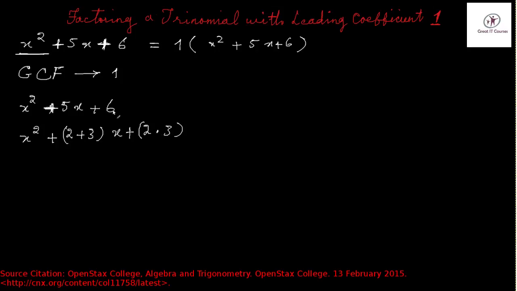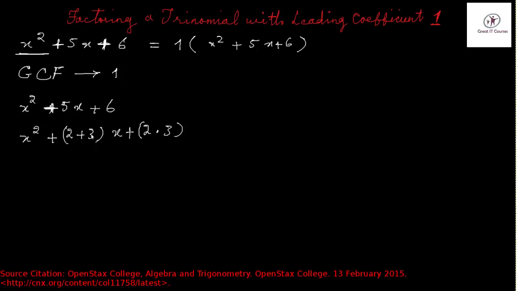So 2 into 3 is equal to 6, and 2 plus 3 is equal to 5. And here's my x and here's my x squared. So basically I have not changed anything here. I've just written the polynomial in a slightly different way, but basically the same value.